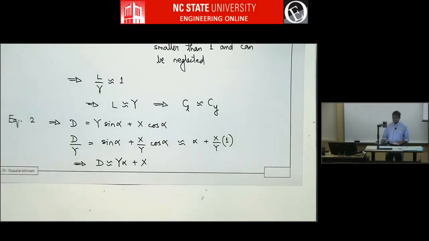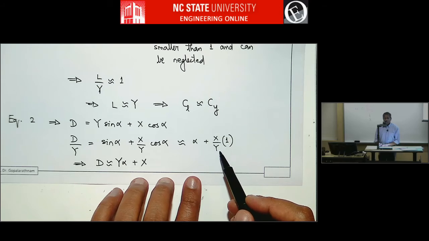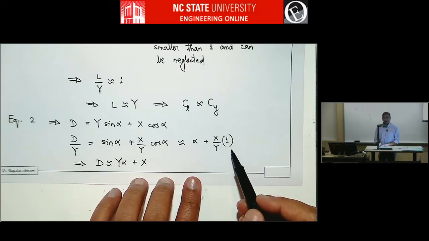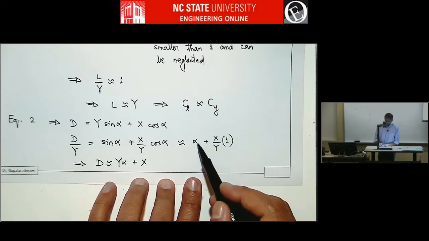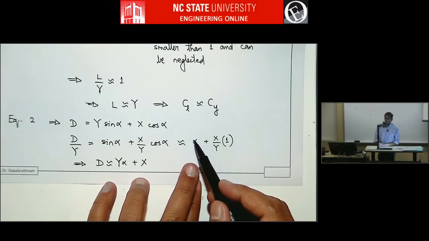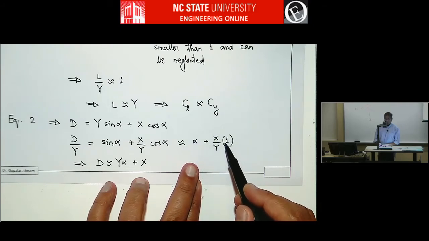The problem here is you cannot throw out anything, because x over y is a small quantity, but it's only a product of two small quantities that you can throw out, if the other term is big, of the order of 1. Here you can't throw out anything because alpha is small and x over y is small, but you're multiplying it with 1, so you can't throw that out.